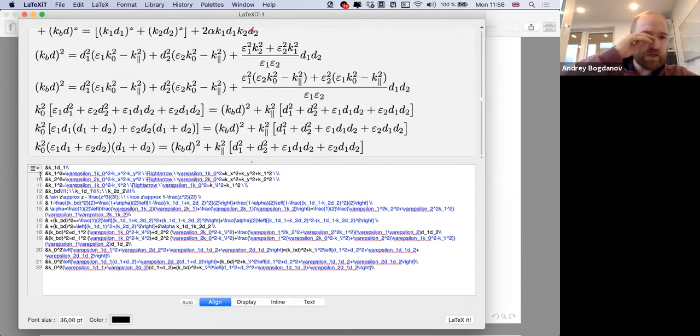This is the left part, yeah? And the right part will be also, d1 is a common factor.